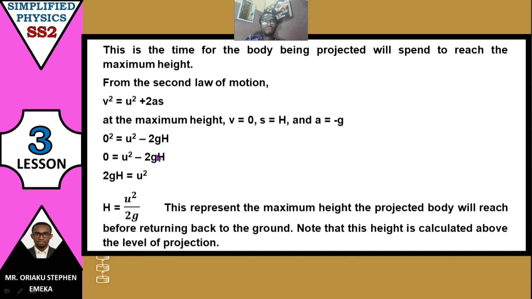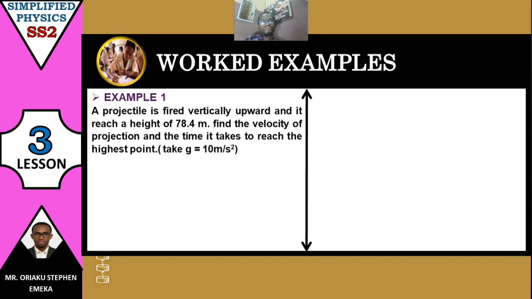Making it a formula, our h is u squared over 2g. This represents the maximum height the projected body will reach before returning to the ground. Note that this height is calculated above the level of projection. That is one thing you also need to know. Okay, now look at this example.